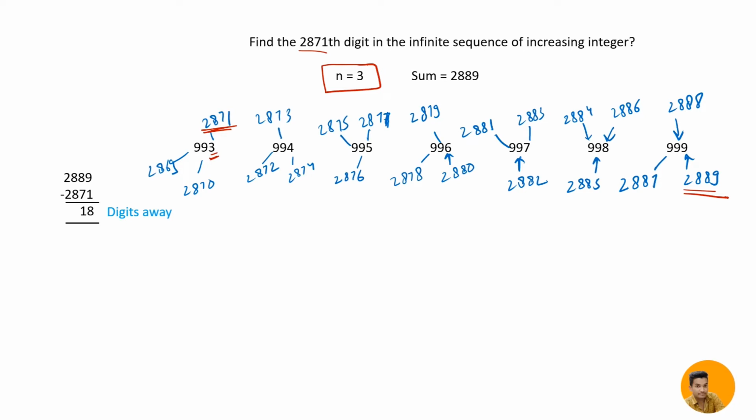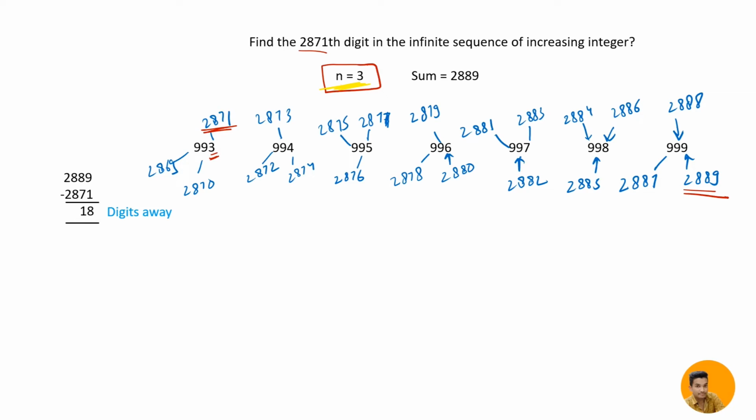If there is any issue, you can always count: 1, 2, 3, 4, 5, 6, 7, 8, 9, 10, 11, 12, 13, 14, 15, 16, 17 and 18. So this is 18 digits away. Also, each such number is formed by 3 digits, because this is a 3-digit number.